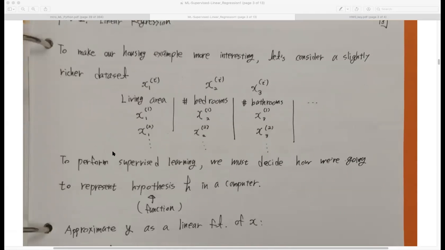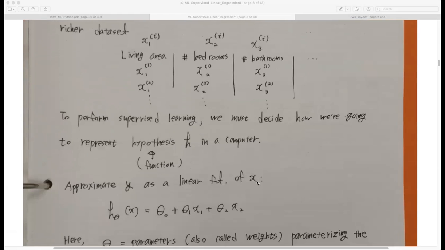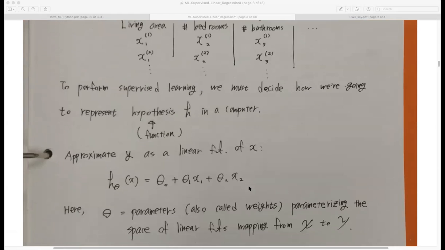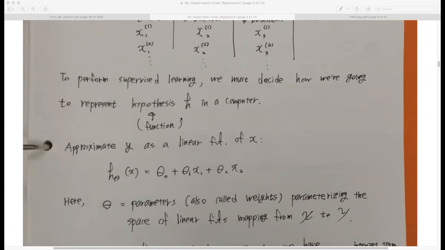To perform supervised learning, we must decide how to represent hypothesis h in a computer. Keep in mind, hypothesis is nothing but a function. So we approximate y as a linear function.